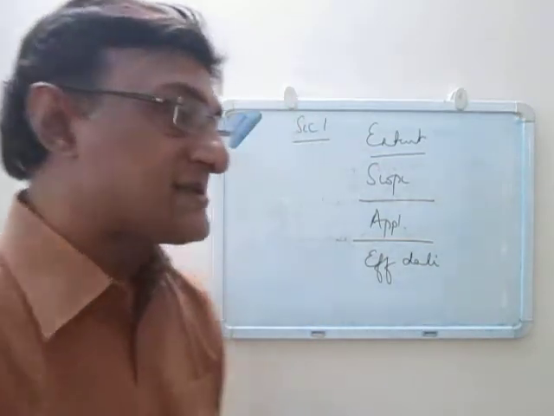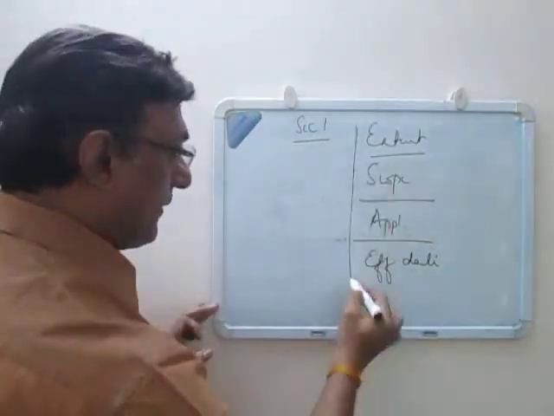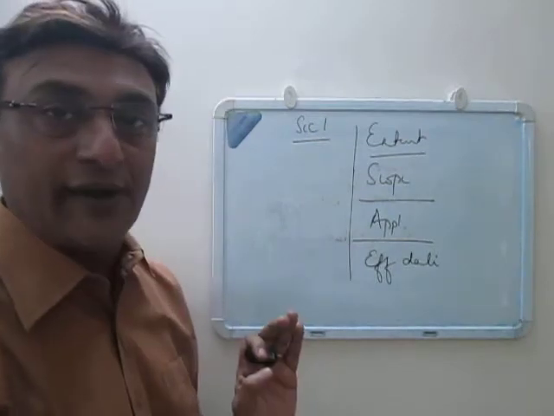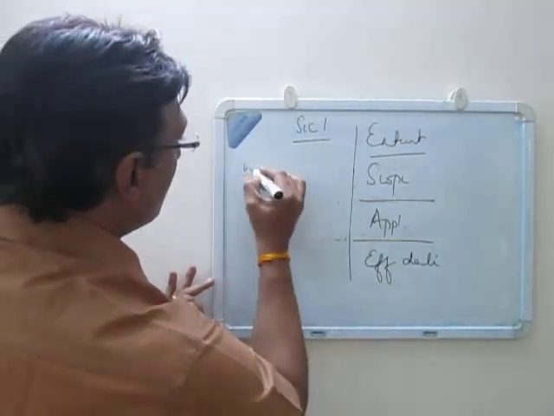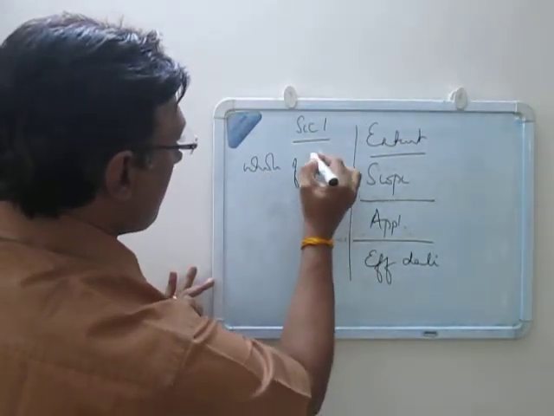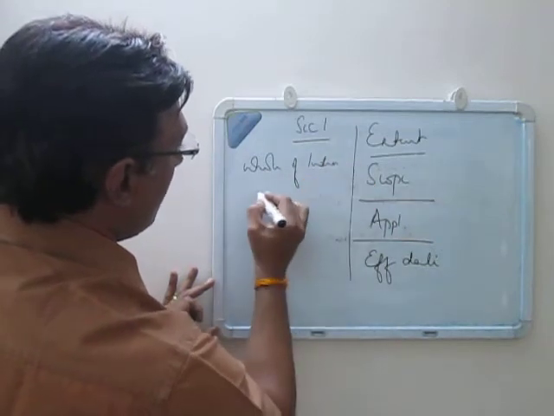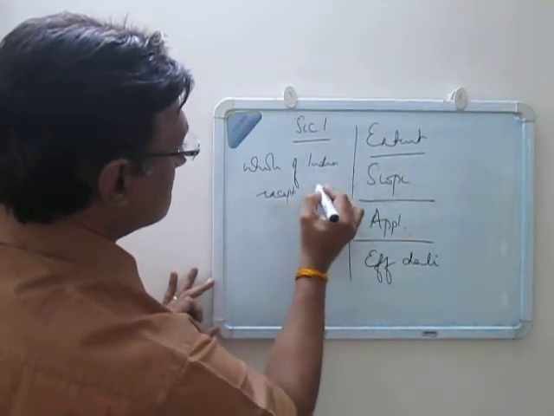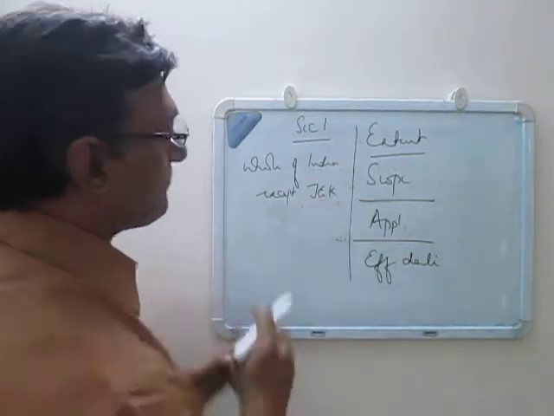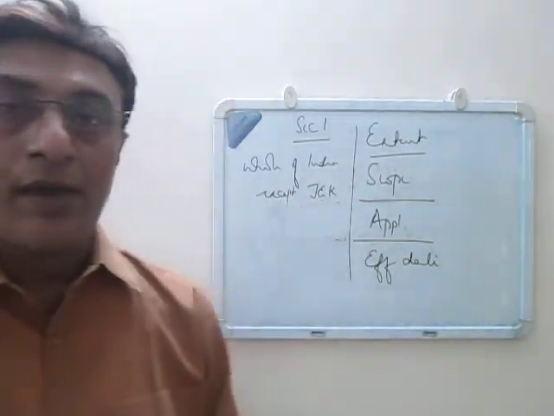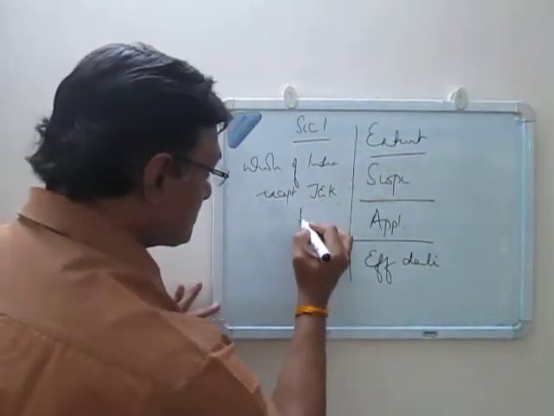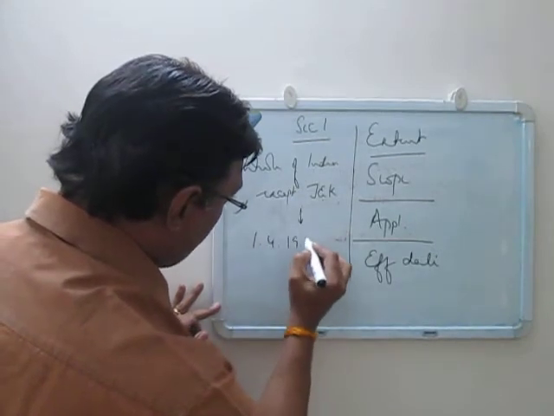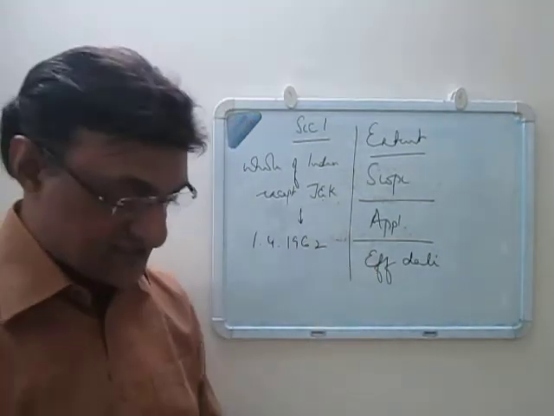Now the Income Tax Act, as laid down in Section 1, extends to the whole of India except J&K. And it came into effect on the first day of April 1962.